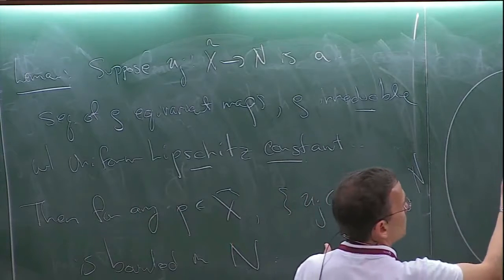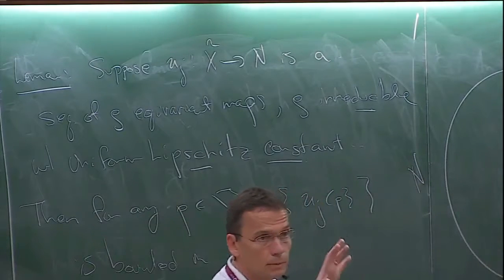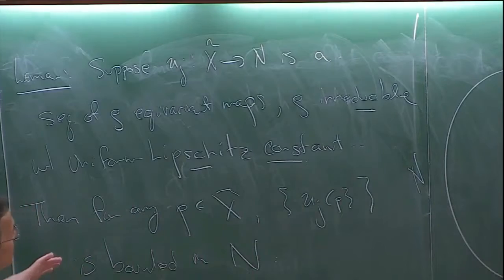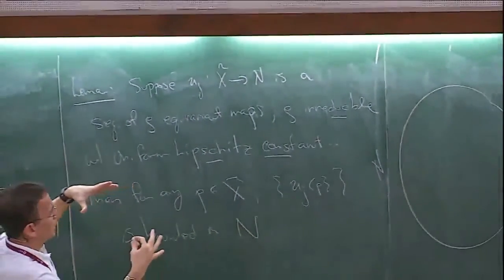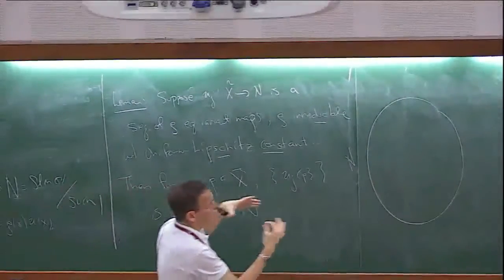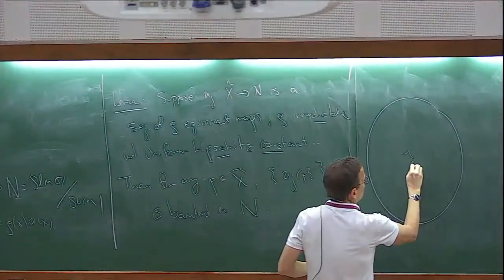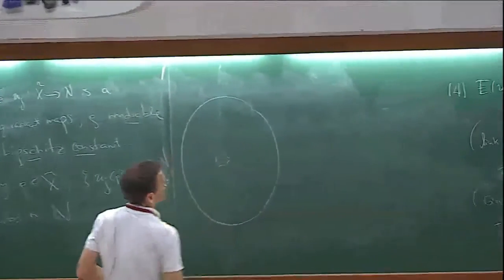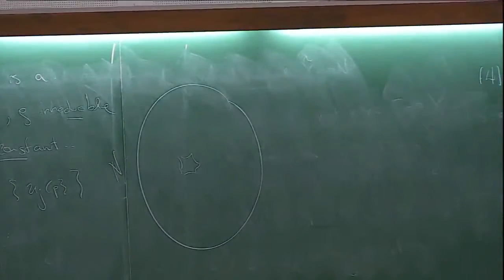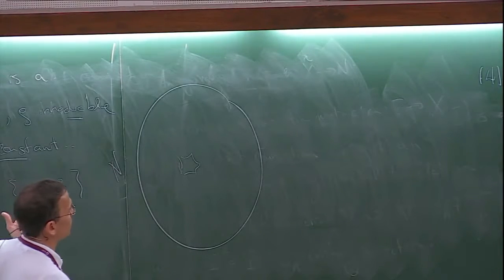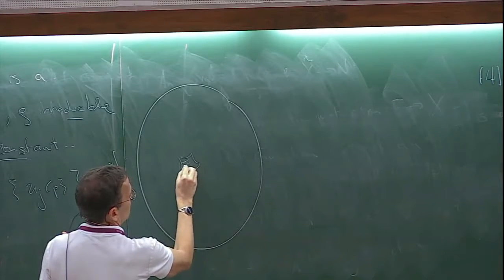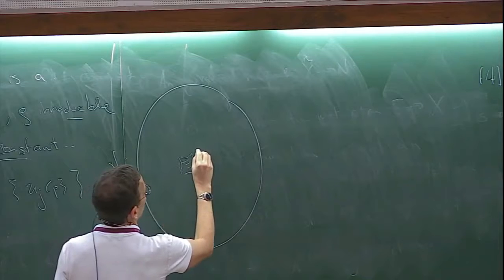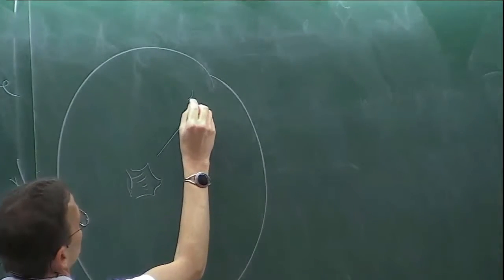Suppose I've got a uniform Lipschitz bound on this. I can take, for example, generators for the fundamental group and look at the image of the generators. So I've got the image of that equivariant map on a fundamental domain in the domain. For each j I've got this image, and the question is, can you push this somehow off to infinity?